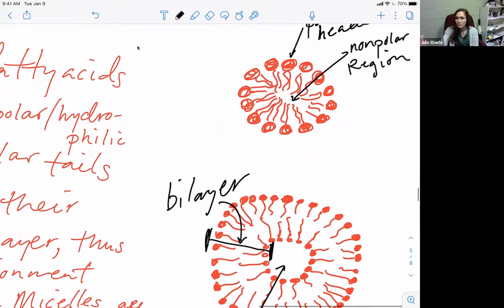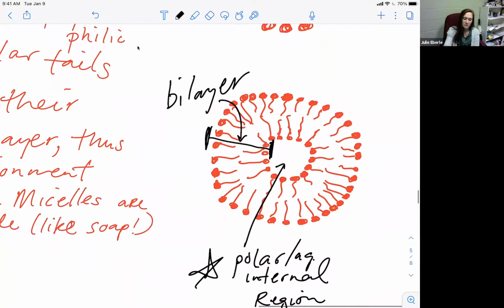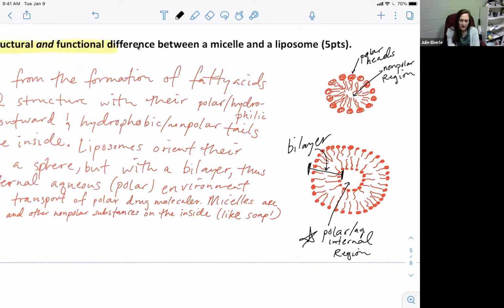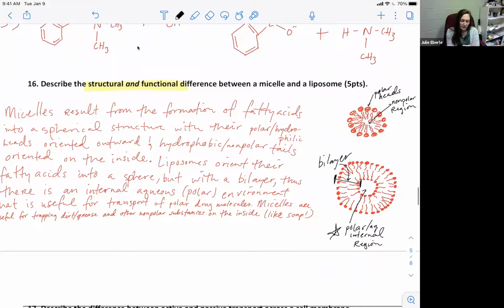So a micelle, somebody could have told me transport of nonpolar things. A liposome, you could have said transport of polar things. Questions on that? If you only gave me the structural difference or you only gave me the functional difference, I did count off points. I wanted both.